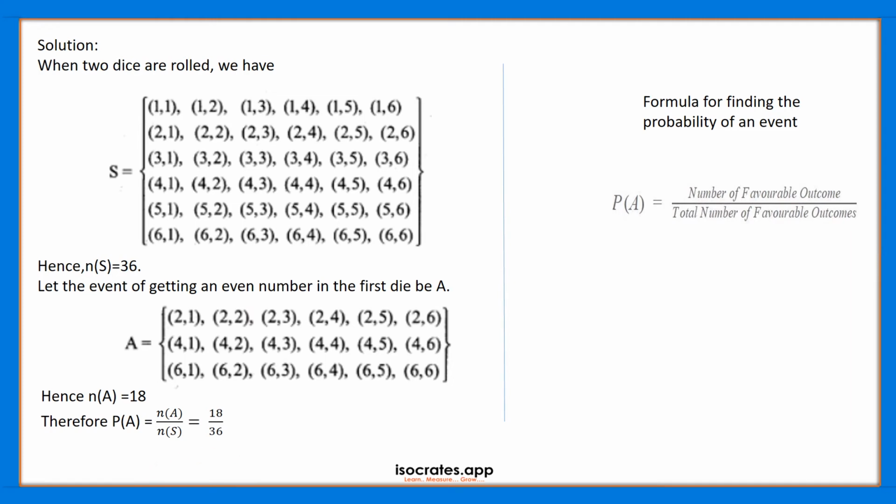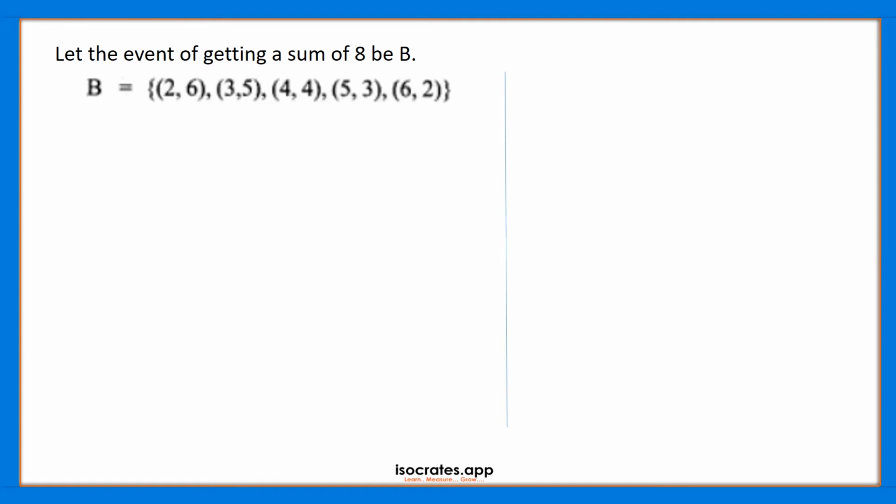Second, we need to find the probability of getting a total of face sum 8. So let B be the event of getting a face sum 8. So our B would be (2,6), (3,5), (4,4), (5,3), and (6,2).